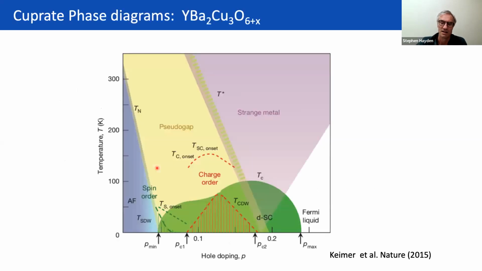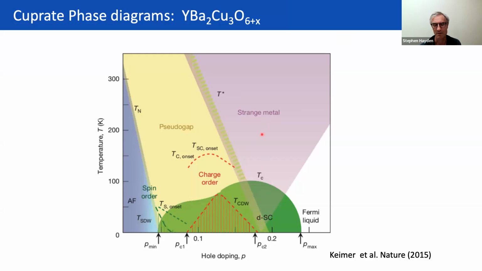So here's the famous phase diagram of the cuprates. There's lots of different types of order here, which I'm not going to talk about today. The motivation for doing this is to look at things that might affect the low energy properties of the system, things like heat capacity and resistivity.